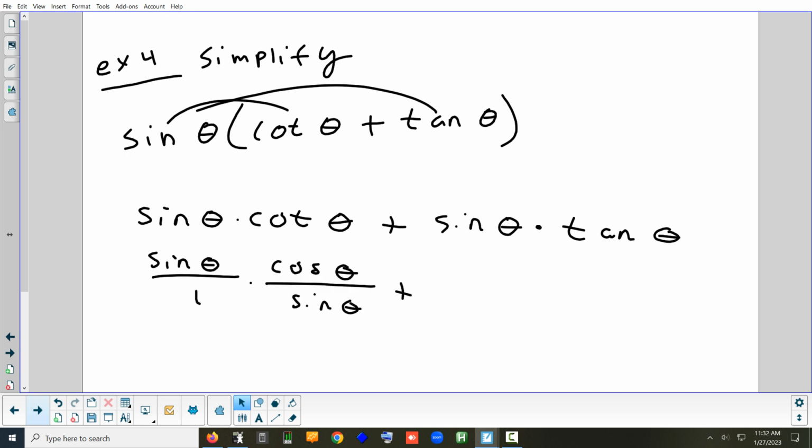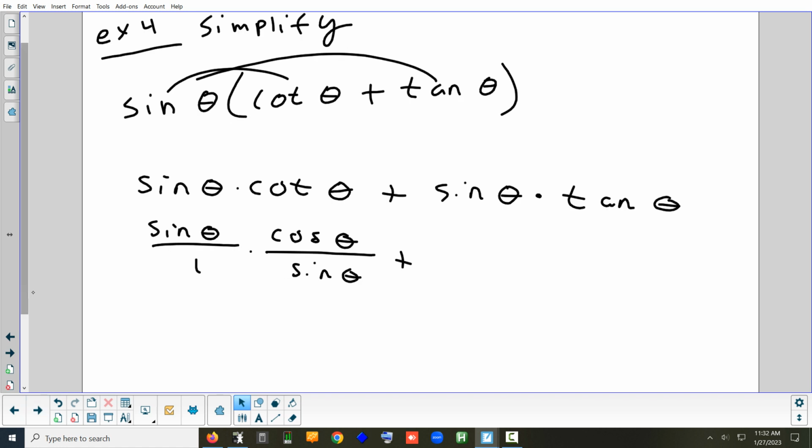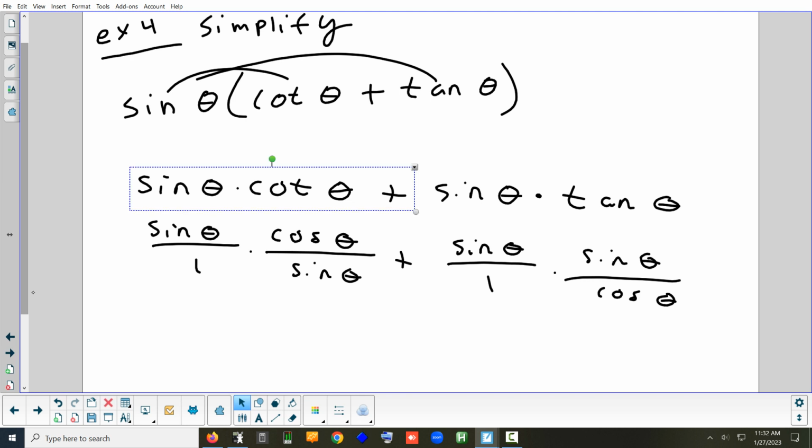Okay, let's keep doing that same idea. Then you could do sine over 1 times sine over cosine. And what did you say is going to happen? Why is it cosine over sine? That's the identity for cotangent. Oh, it's cosine. I had it as cosine up on the top.